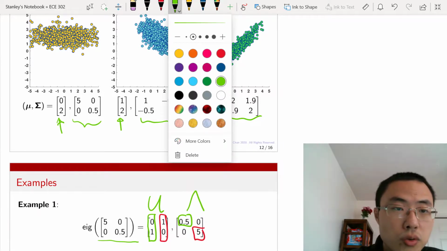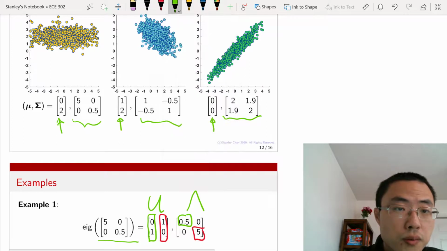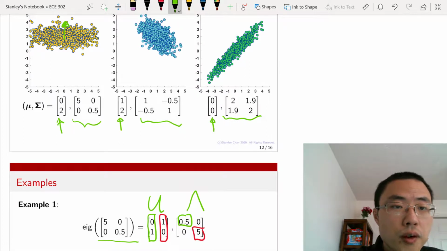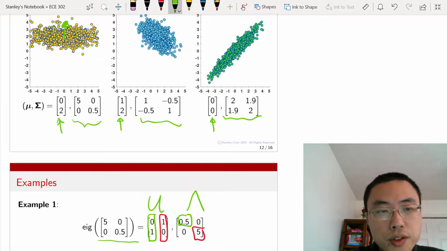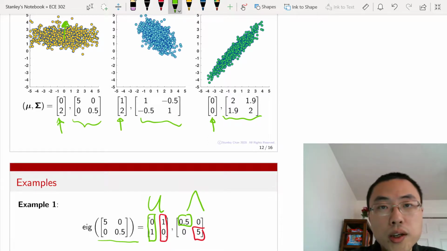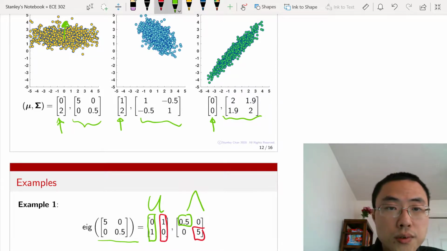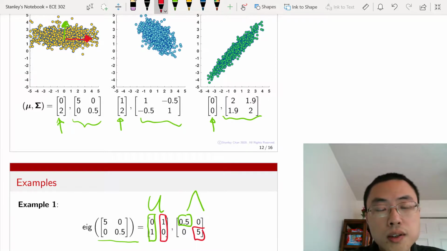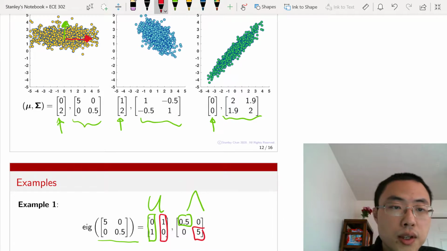So this is your vector. Let me draw it in green. The first column vector is 0, 1, right? So this is pointing along the y-axis, and then the other vector is 1, 0. Now let's also look at the radius. The radius is 5, and then here this is 0.5.